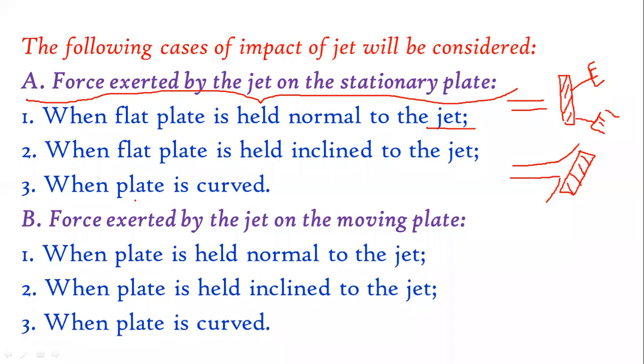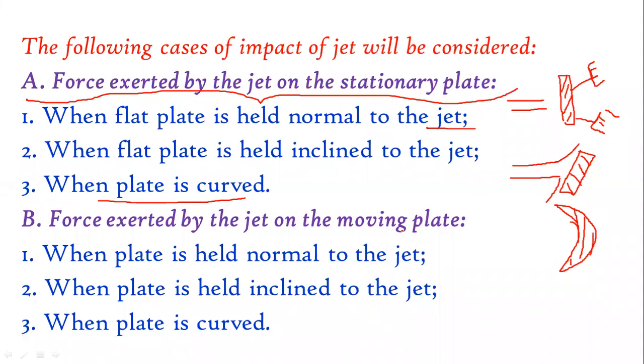Next, the third type that we studied was when the plate is curved. So instead of a flat plate, the third example was that of a curved plate. In this curved plate also, we had three different subcases.